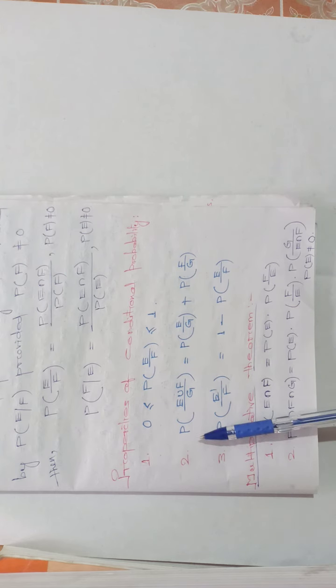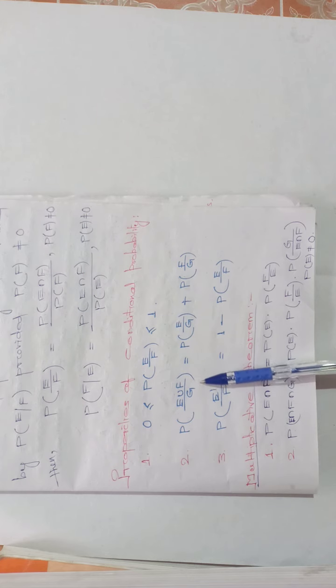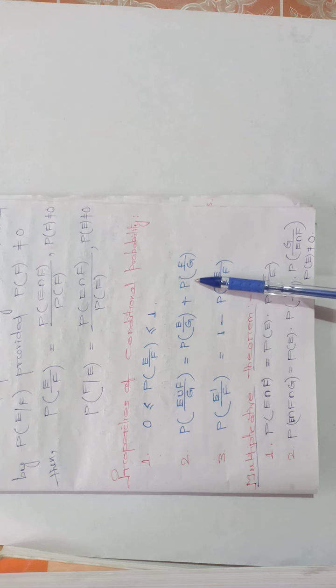Second property, P((E union F)/G) when there are three events, we can write as P(E/G) plus P(F/G) minus P((E intersection F)/G). Now the complement: P(E complement/F) can be found as 1 minus P(E/F). So these are some properties of conditional probability.